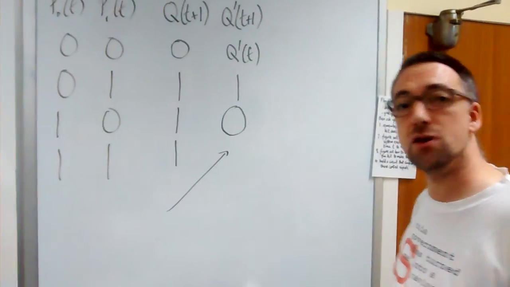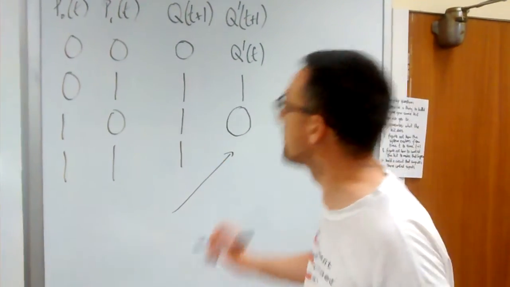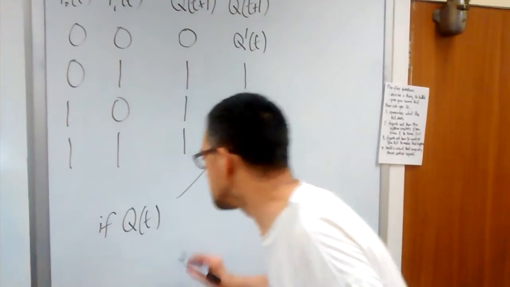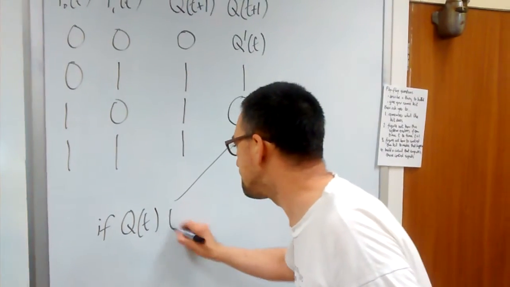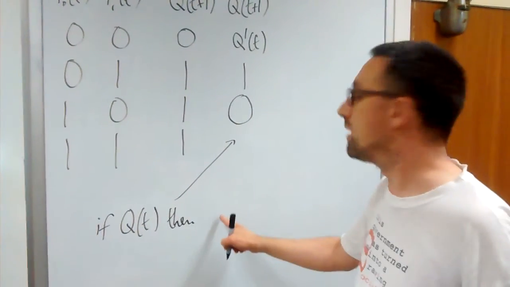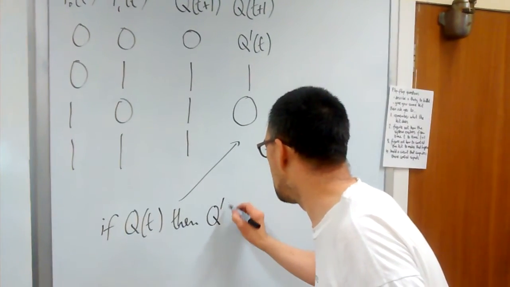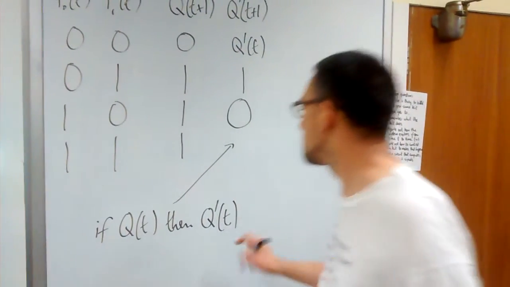It depends on whether somebody is currently printing. If somebody is currently printing, Q of t, then they should stay printing. So that means Q prime of t plus 1 should be the same as Q prime of t.